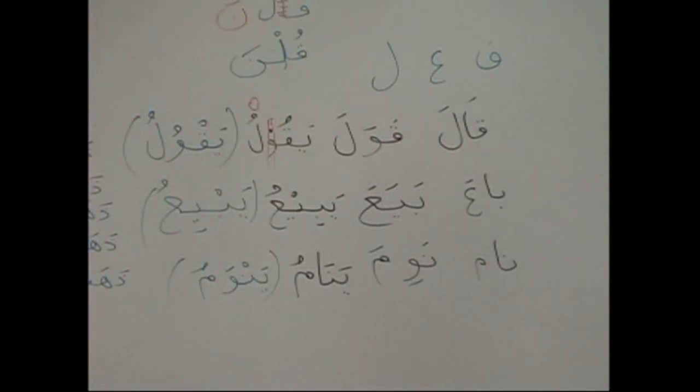Okay, brothers and sisters, I want to go to the key now. Open the key, brother. Page 91, brothers and sisters. What do you see? Kala yakulu. You see AU. What is AU? Bab Nasara. So these are the verbs, you know.